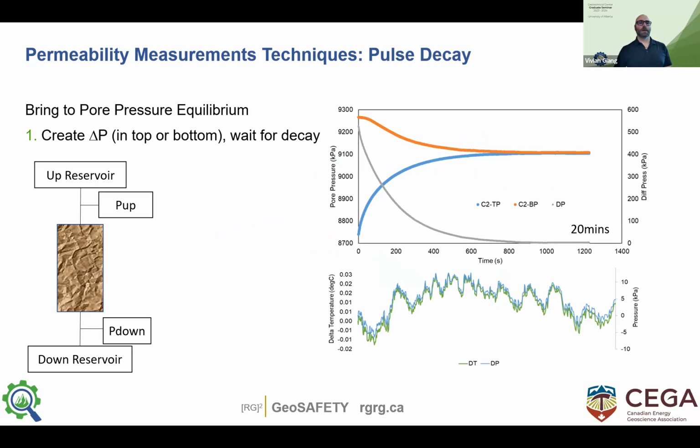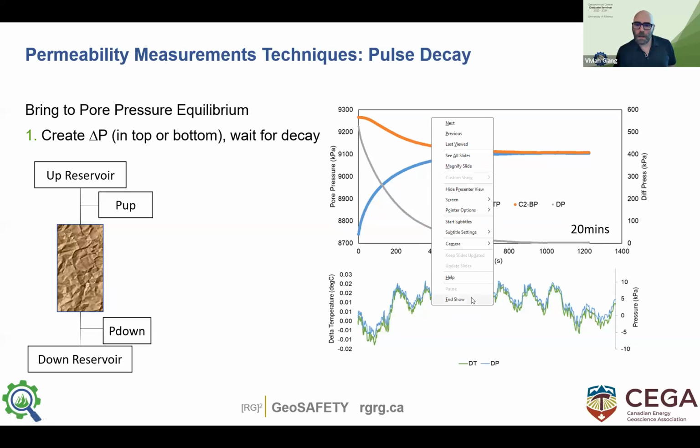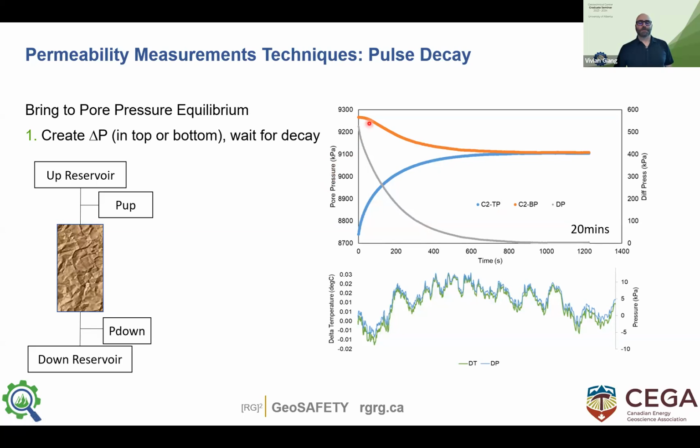And you create a delta P. So in this case, it looked like we came to equilibrium at 9,250 kPa, so 9.25 MPa. And then on the top side, we created a delta P of about 500 kPa.